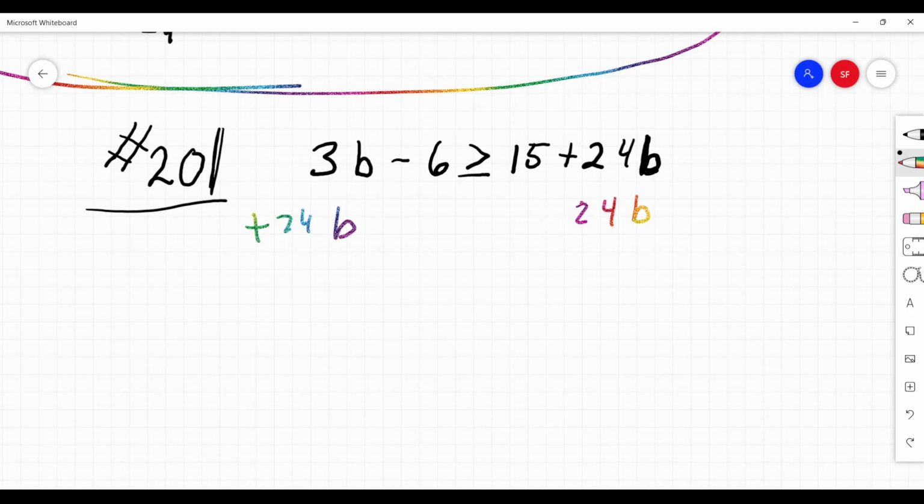So we've got to get rid of it. How do we get rid of it? Subtract it. I thought they're supposed to subtract it. Gotcha. So what's 3b minus 24b? Negative 21b.